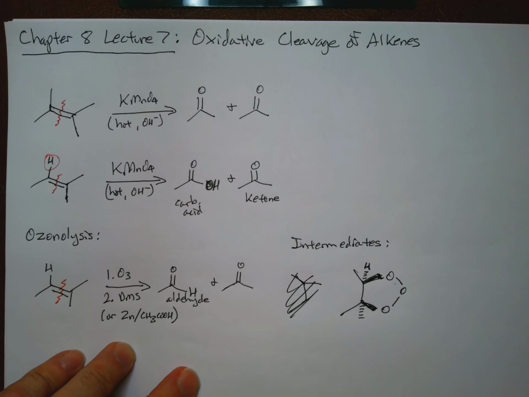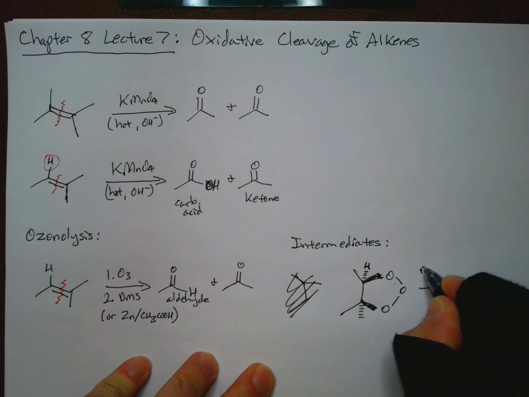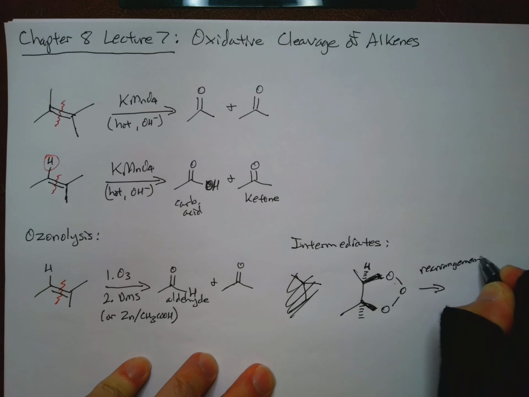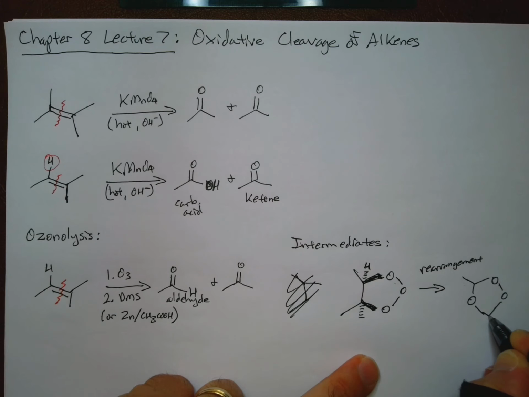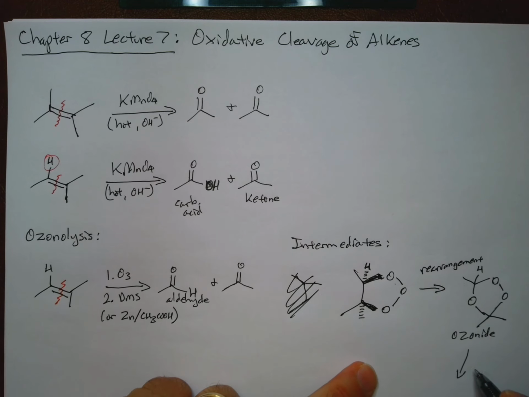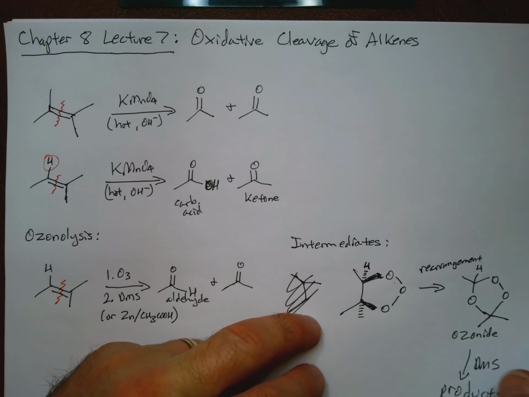So this is called a molozonide, which then rearranges to make this ozonide. And now this is treated with DMS to get the products.